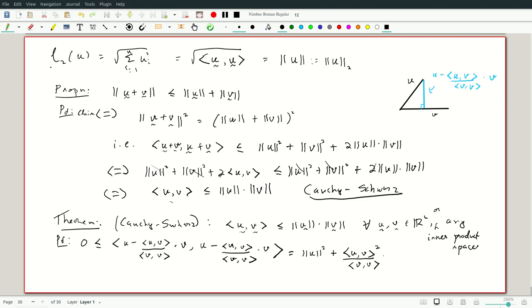And the last term will be minus 2 times the inner product of this, and again when I take the cross term I'm looking at u inner product v, and I also have a u inner product v here, and so that's going to be uv squared, and I divide it again by vv.